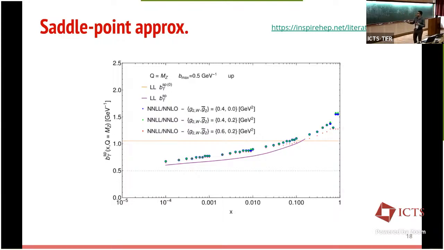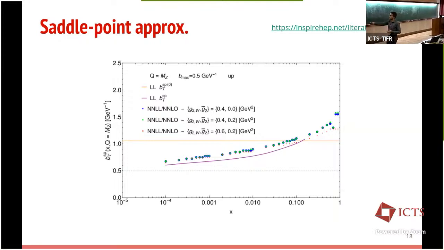So even if you're sitting at a very high Q, changing x has an effect on whether the TMD PDF is perturbative or not. The dots here represent the numeric solution of the saddle point equation on the board if you were doing the calculation at two loops.